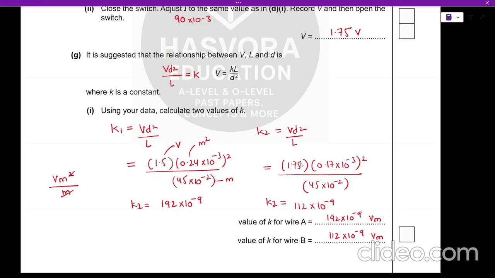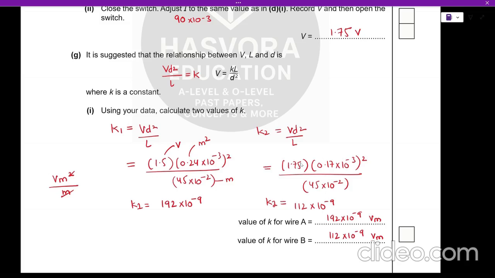So we just plugged in our values and calculated it to three significant figures, because we also took the values of V, D and L as three significant figures. So we are going to maintain the three significant figures unless there is a problem of preserving the difference between the values, for example, if both values of K are very similar to each other.